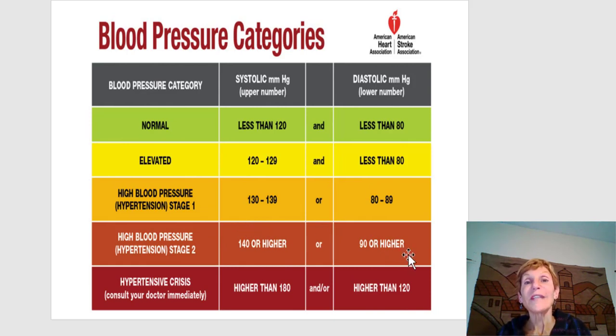The American Heart Association has brought the numbers down considerably, because they have more evidence now that individuals with these even lower numbers have problems. And so it's a good thing to get your blood pressure checked regularly and make sure that you are in a good range.